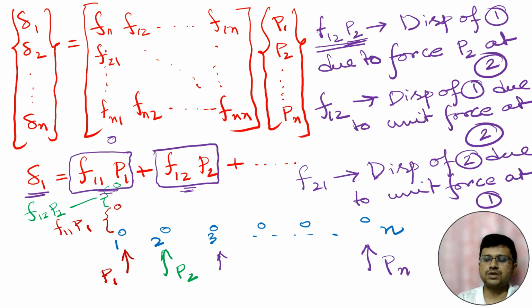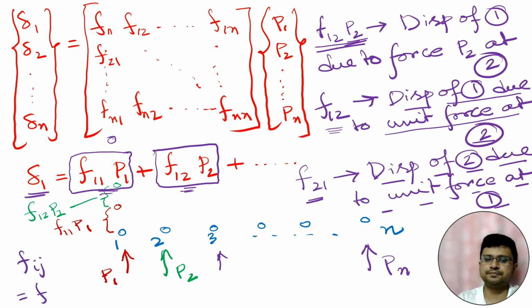Now, from Maxwell's reciprocal theorem, we know that the displacement of node 1 due to unit force at node 2 will be equal to the displacement of node 2 due to unit force at node 1. So basically, F12 will be the same as F21. And in general, we can say that Fij will be equal to Fji.